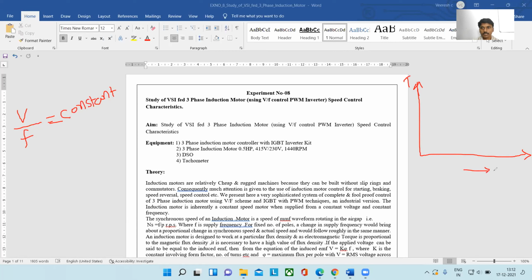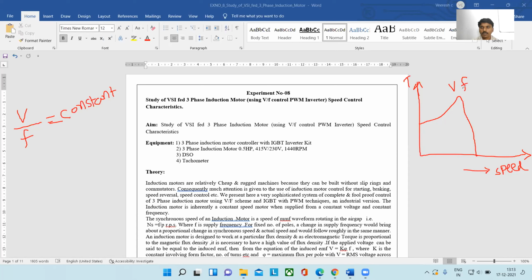Speed is taken on the x-axis and torque on the y-axis. We know the speed torque characteristics of the induction motor when voltage and frequency are given.